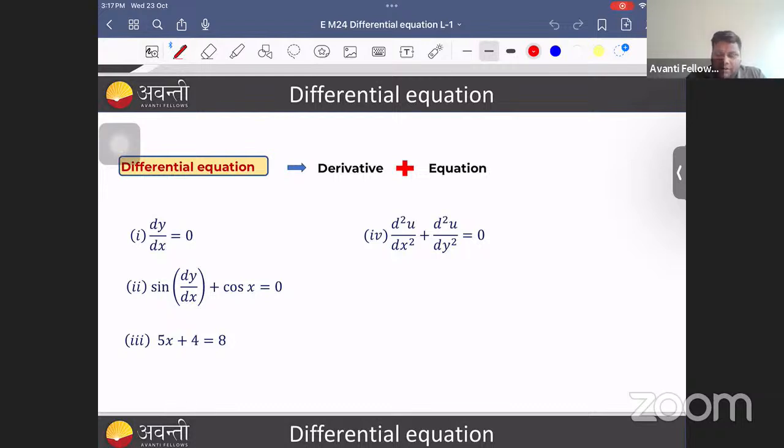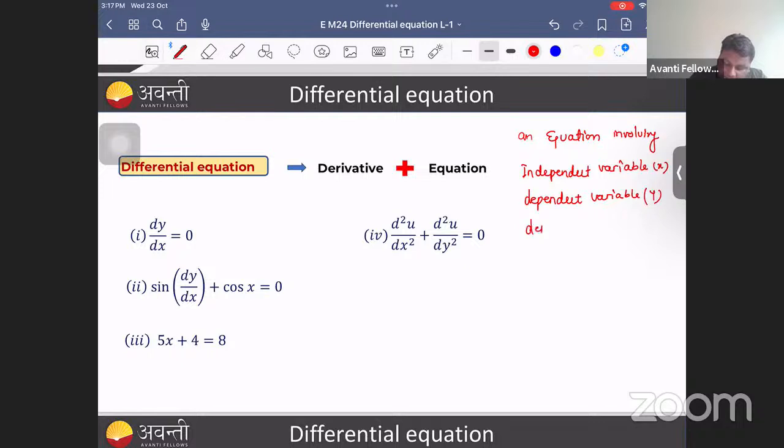The exact definition is an equation involving the independent variable, which is generally x in our case, and the dependent variable, which is generally y. I'm not saying every time, but generally the dependent variable is y.